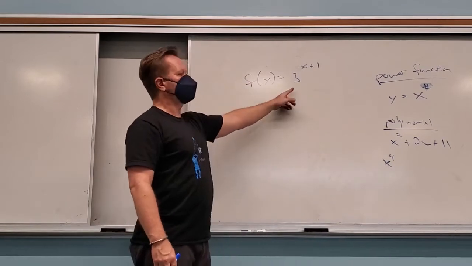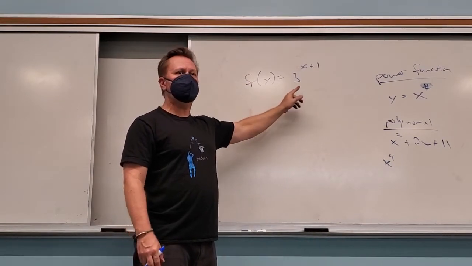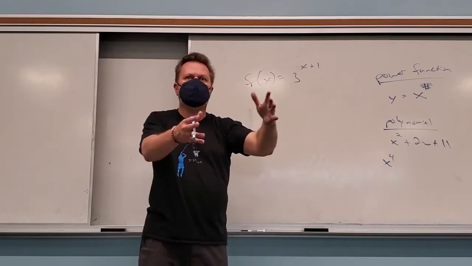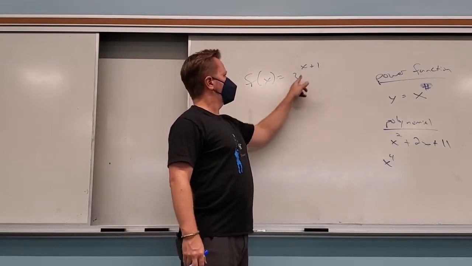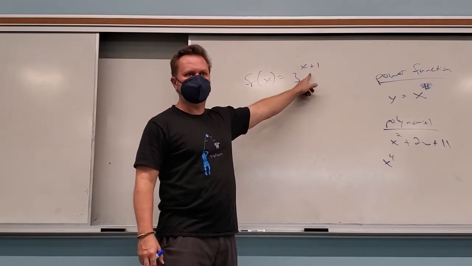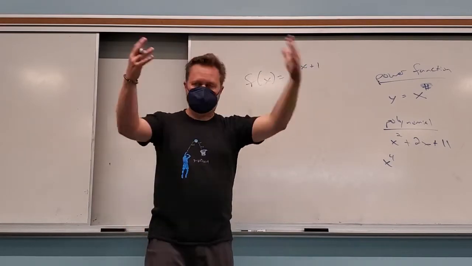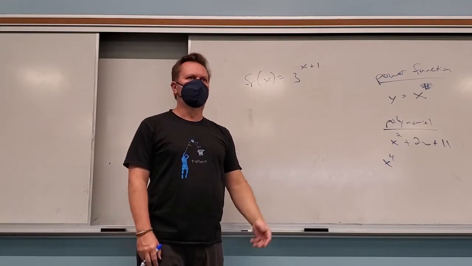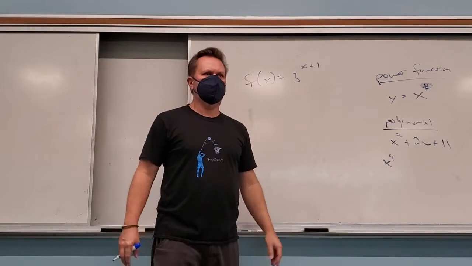So is this a polynomial? Nope. Because again, what would the base have to be in order to be either one of those things? The base would have to be x. And this just turned that around. This is called an exponential function, which makes sense, because where's the variable? In the exponent. So it's an exponential function, because math people were really creative. There's an exponent, it's called exponential. Yay. Right? That's basically us.